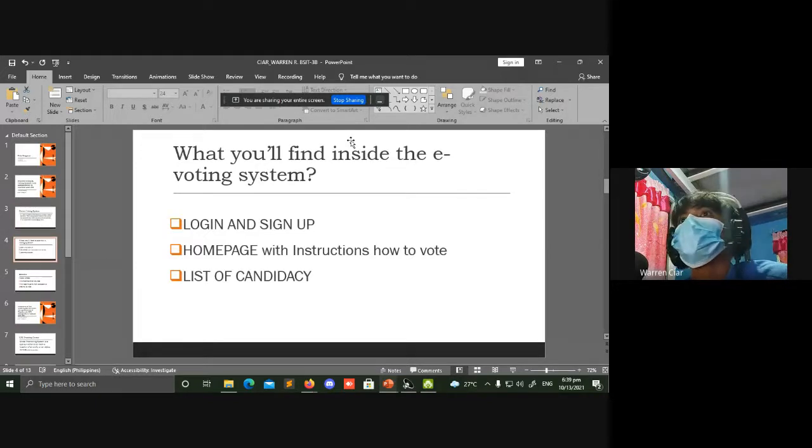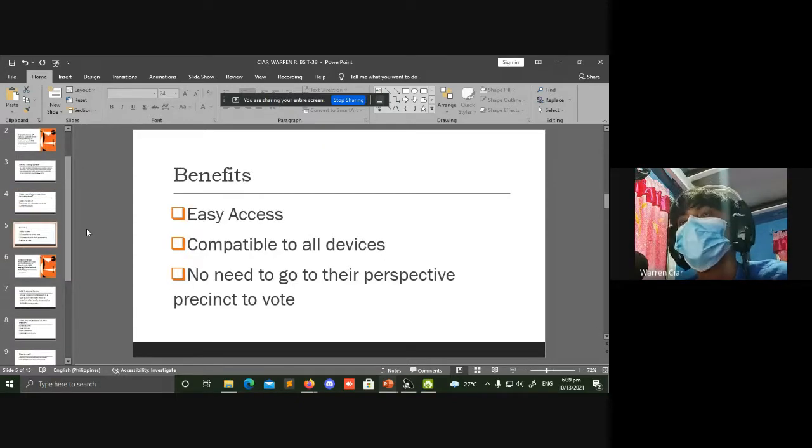So what you'll find inside the e-voting system, you can see the login and sign up page where you can register your information, and also it has a homepage with instructions on how to vote and also a list of candidacy. So what are the benefits of this system? It is easy to access, it is compatible to all devices, and there is no need to go to their respective precinct to vote.